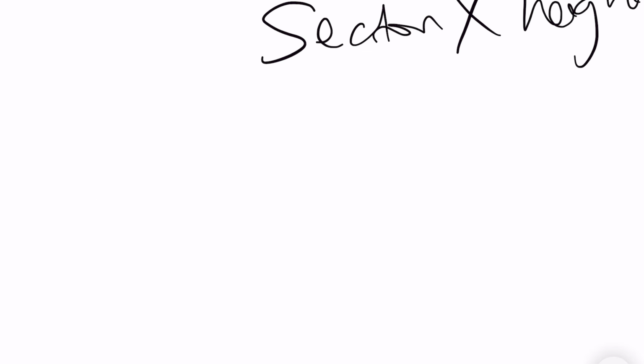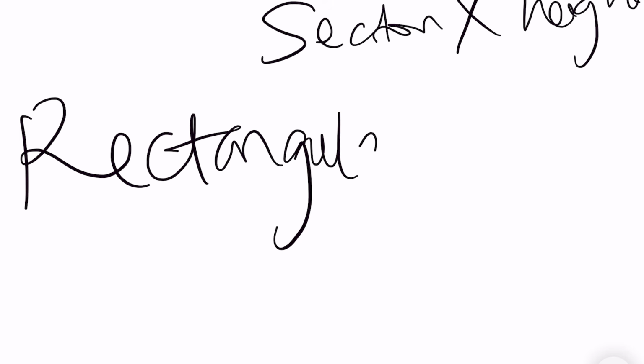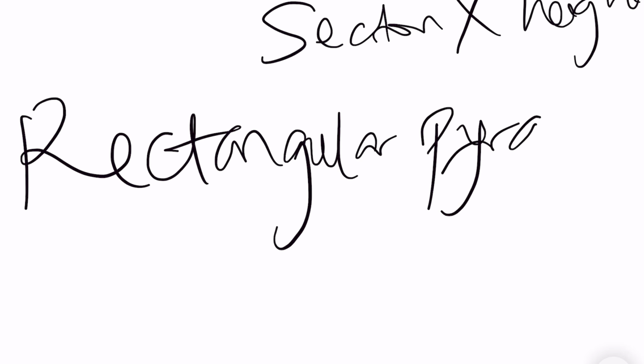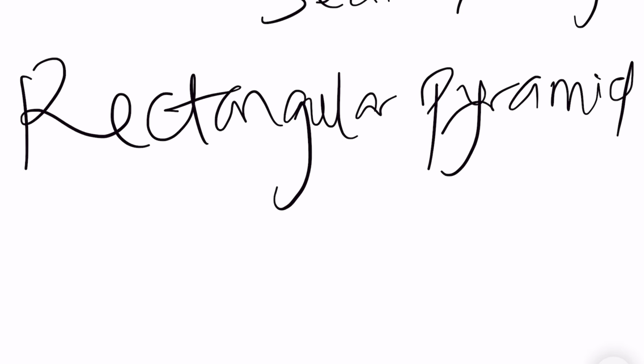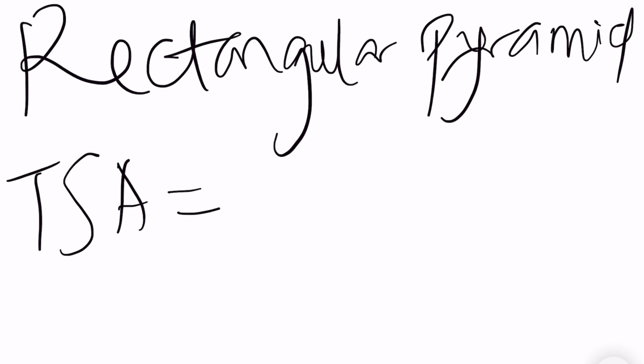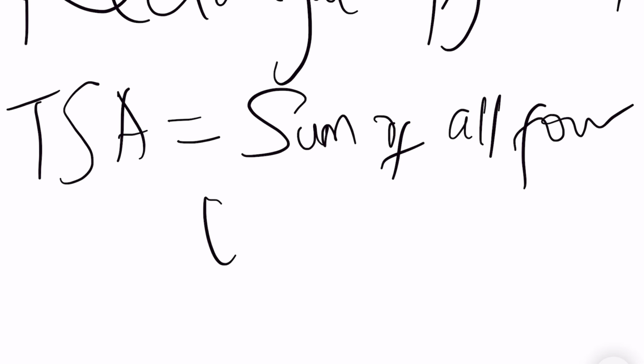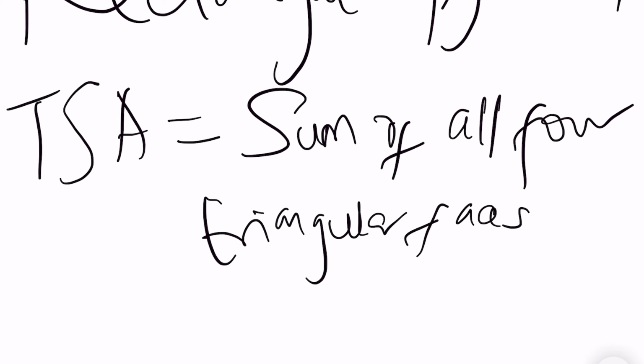Now for a rectangular pyramid, we have our total surface area to be the sum of all 4 triangular faces plus the base area.